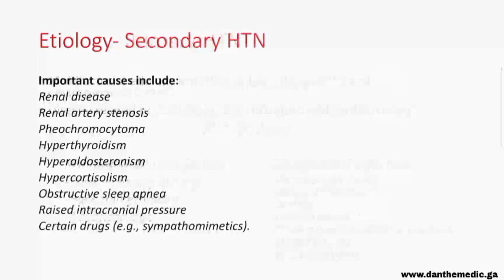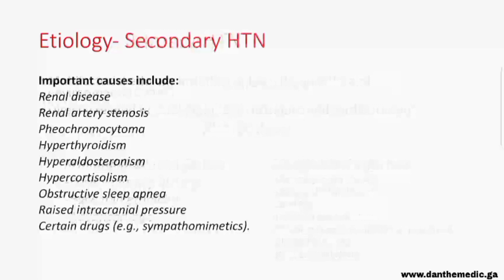Now, the etiology of secondary hypertension, if you remember, I said secondary hypertension is caused by an underlying identifiable disease. So, when someone has renal disease, this can actually result in secondary hypertension. In the case of renal artery stenosis, also it can result in secondary hypertension.